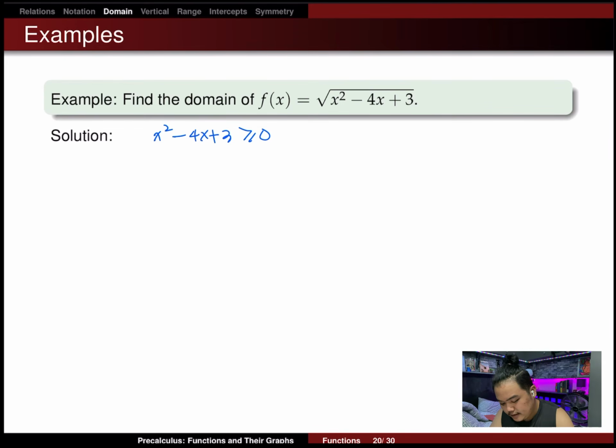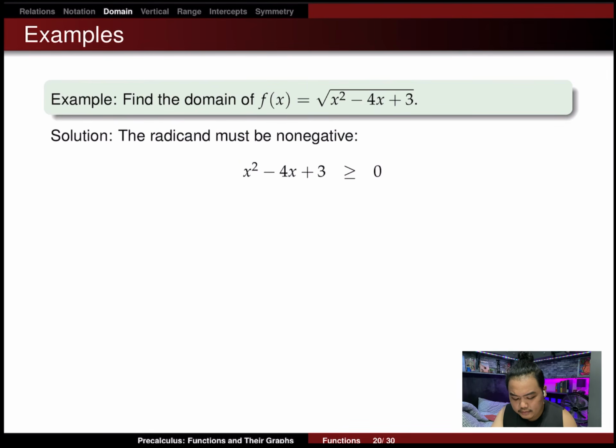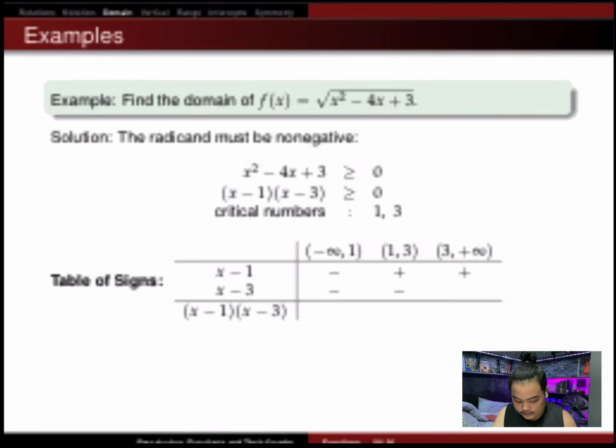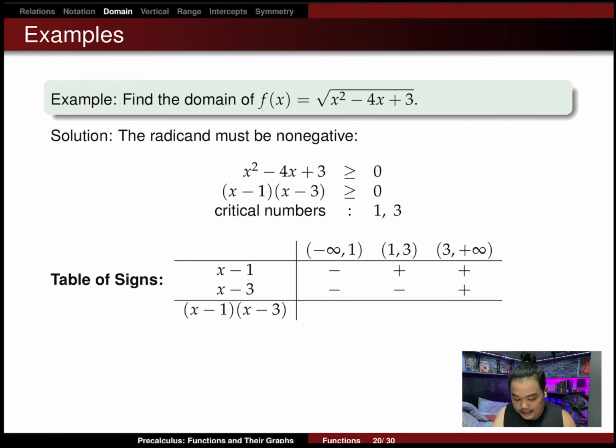And then, paano ba sinusolve to? Using yung technique natin sa inequalities, you compute for the critical numbers, right? So, pakita ko na lang para hindi masyado nagsusulat. So, the critical numbers are 1 and 3, and then you construct the table of signs. Hindi ko na masyado in-elaborate to kasi na-discuss na ito sa inequalities. And what is the domain? You want this thing to be non-negative.